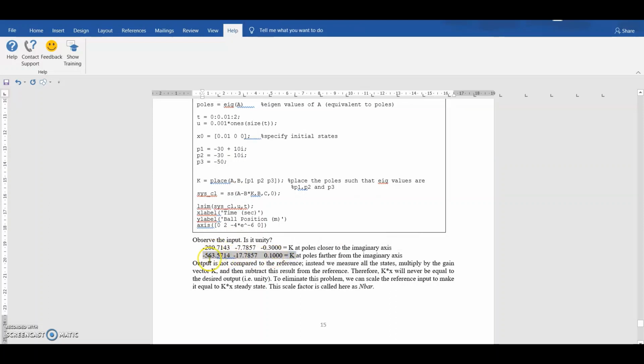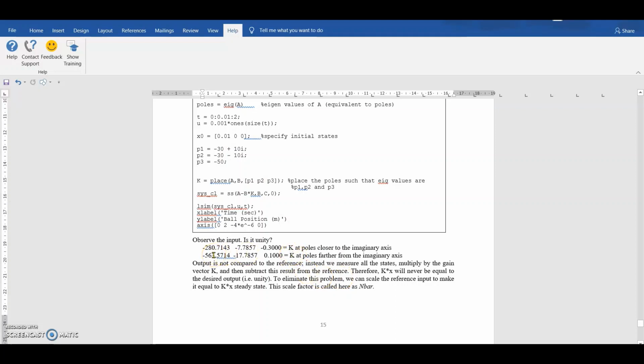So as you can see, these elements in the second row are coming out to be more than the first case. So what does it mean? It means that when we want to place poles farther in the left hand side of the S-plane, that is farther towards left, then the value of k will be large.